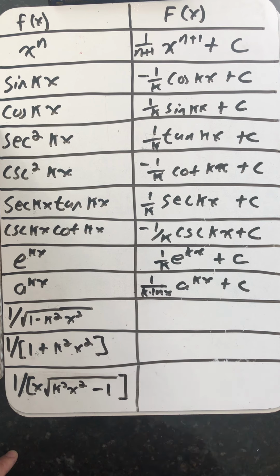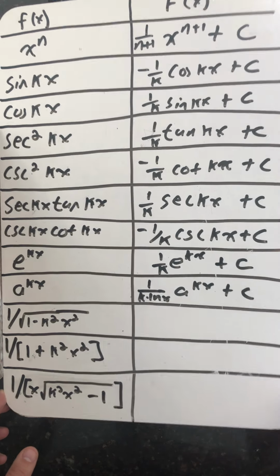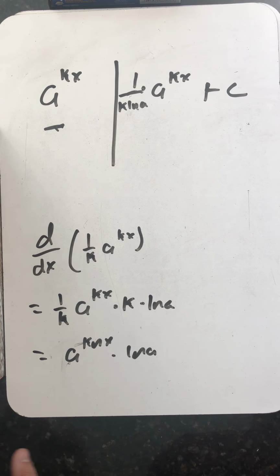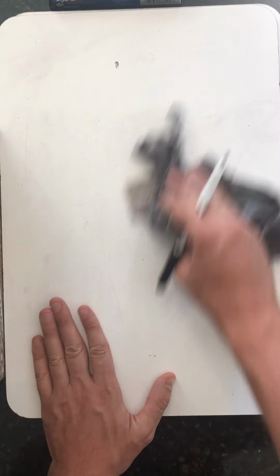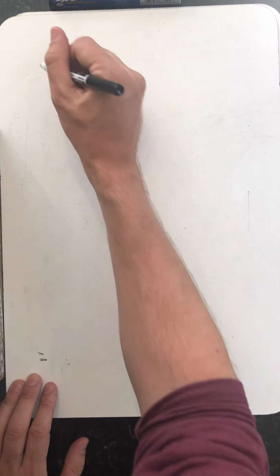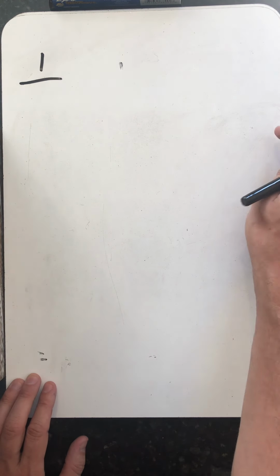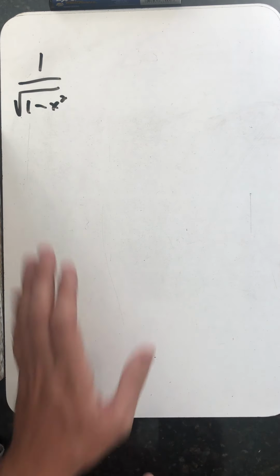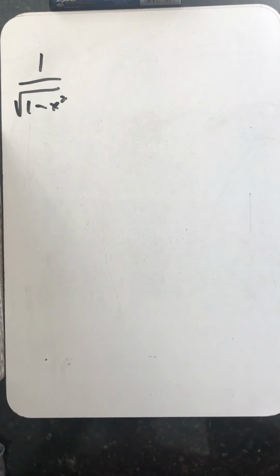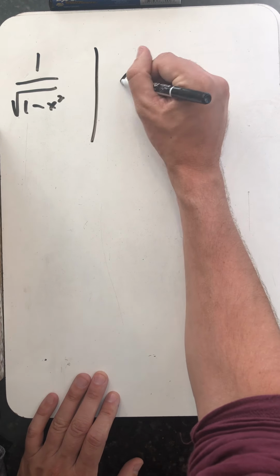All right, so I need a function with a derivative that is in the format of 1 over the square root of 1 minus k squared x squared. Well, again, maybe that k, the arbitrary constant, is getting in the way. Maybe you'd have better luck recognizing a derivative formula if I just let k equal 1, and I had 1 over root 1 minus x squared. And I'd bet, even if you had been having trouble thinking about this one, now you'd say, hey, I recognize that.